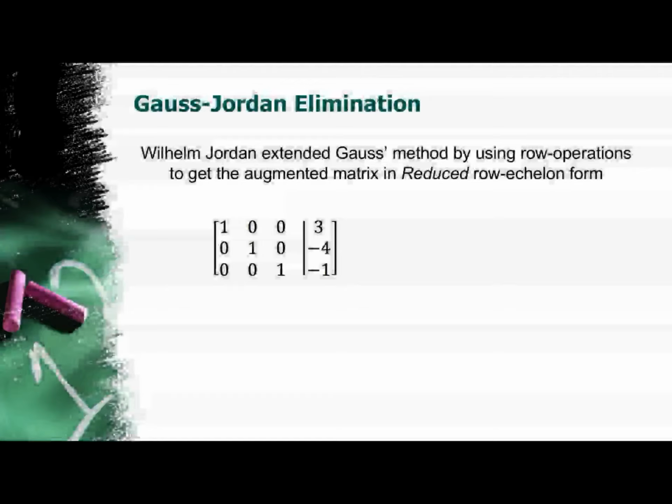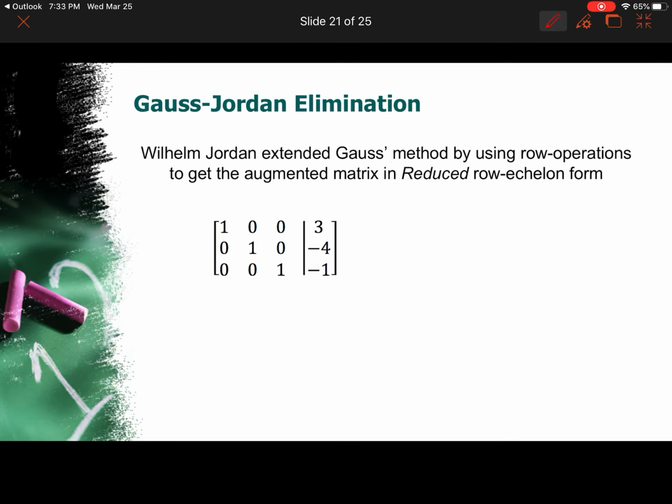But if I change this back to equations, I just have an x, right? I just have x. So x is equal to 3, y is equal to -4, and z is equal to -1. And so it just gives you the answer. You can just read it right off, right? So that's why we like reduced row echelon form.